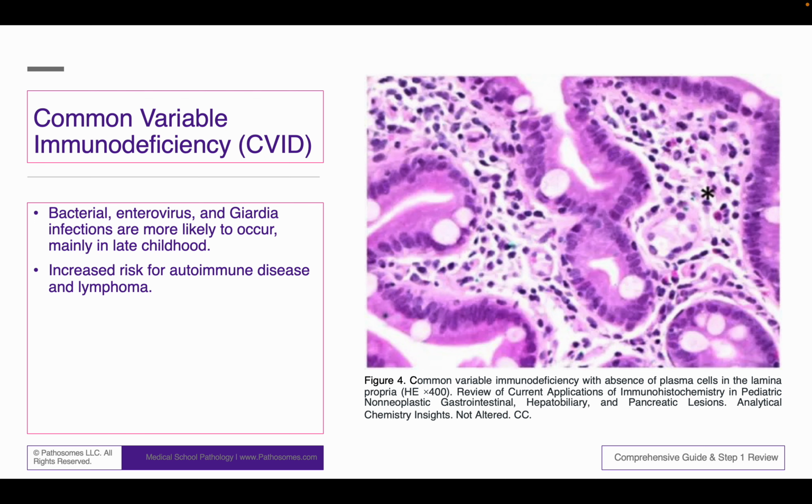Bacterial, enterovirus, and Giardia infections are more likely to occur mainly in late childhood. There's also increased risk for autoimmune disease and lymphoma. This image to the right is an H&E showing CVID with absence of plasma cells in the lamina propria.